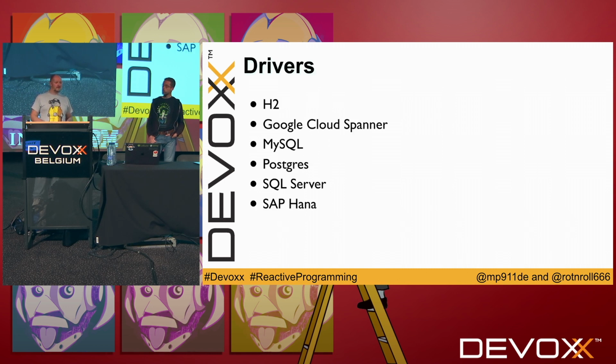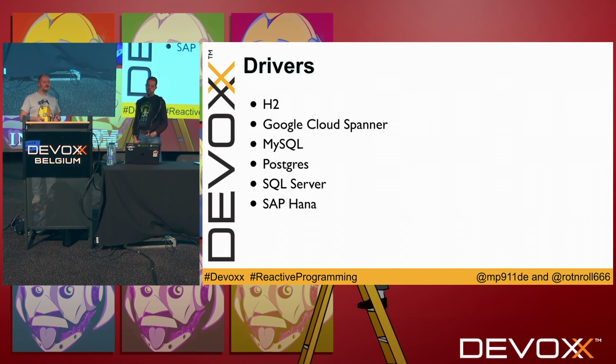There are a couple of drivers available for R2DBC. Some are driven by our own team, and some are driven by the community. So we have drivers that are driven by ourselves: the H2 driver, which is an in-memory database, so you can use that for testing. The Postgres driver is driven by our team, and the SQL Server driver as well.